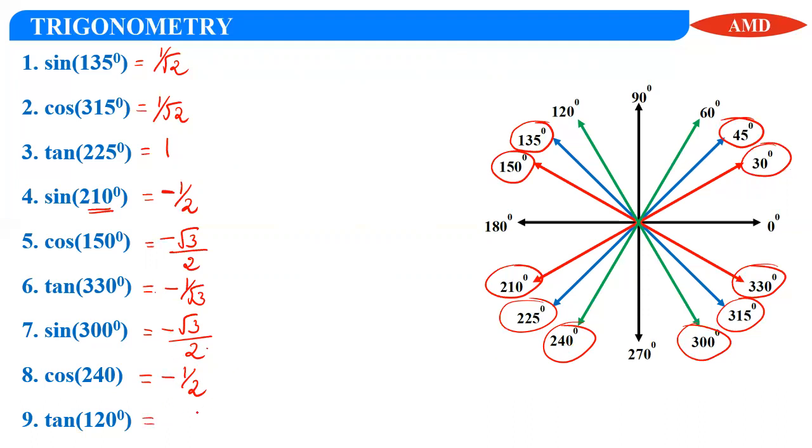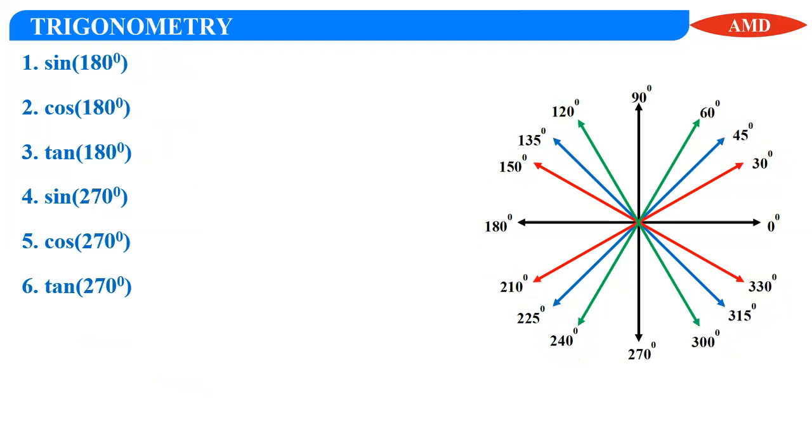Next we have tan 120. 120 is the reflection of 60. We know that tan 60 is nothing but root 3, but 120 is in the second quadrant where tan is negative. So this is how you could answer these questions easily without much calculation, just remembering this diagram in your mind. Let's try a few more questions here.